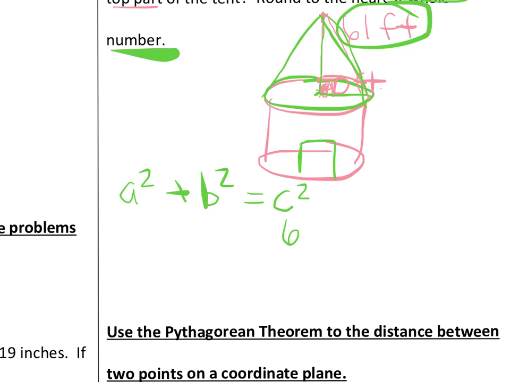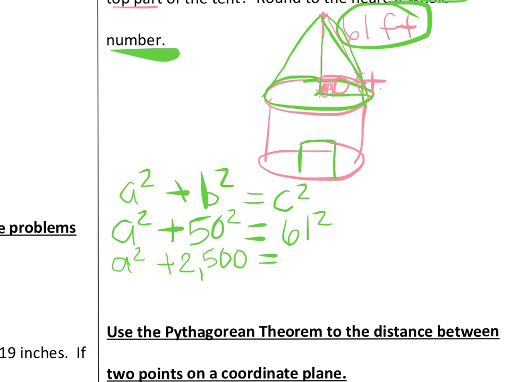So I know that 61 has to go in place of c. And I can put 50 either place, a or b. Again, I kind of like to use b. So I'm going to do what I can in this problem. 50 times 50, or 50 squared, is 2,500.